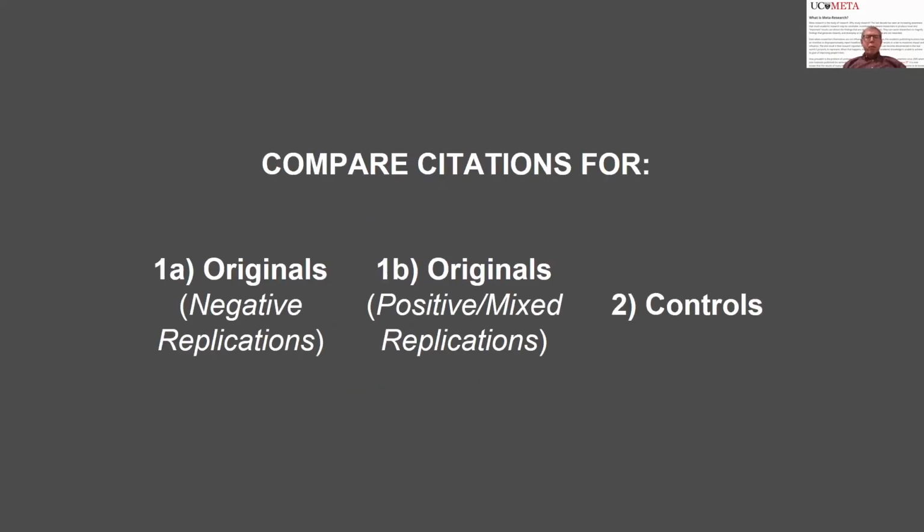So basically, we've got 3 sets of studies, and we want to compare citations for each of them. First, we're going to have original studies that received negative replications, and then we're going to have original studies that received positive or mixed replications, and then we're going to have our controls.